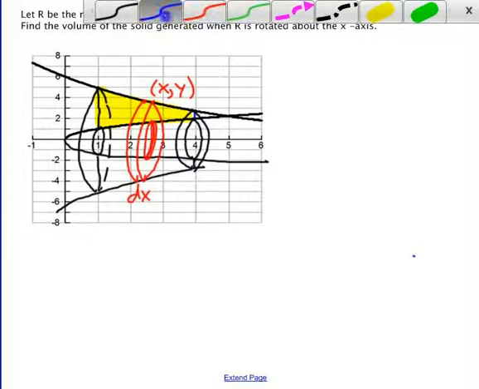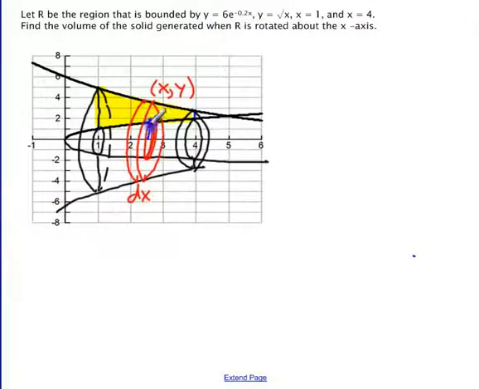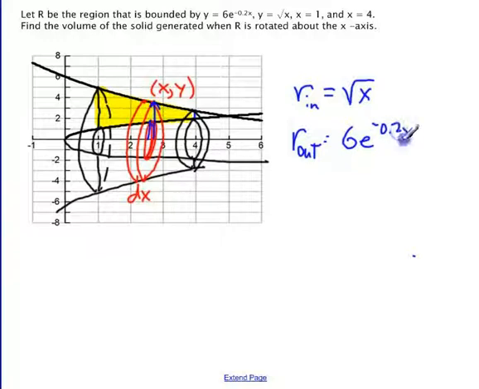The inside radius goes from the axis of rotation up to the square root function. So r in is the square root of x. And the outside radius goes from the axis of rotation up to the exponential. So r out is 6e to the negative 0.2x.